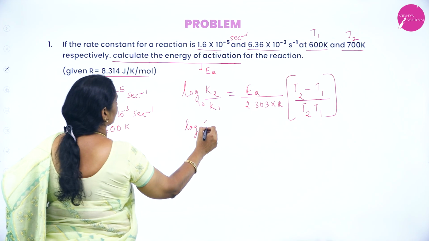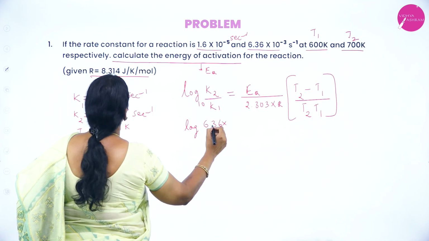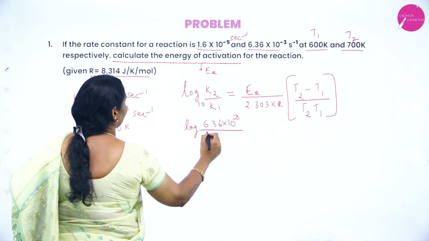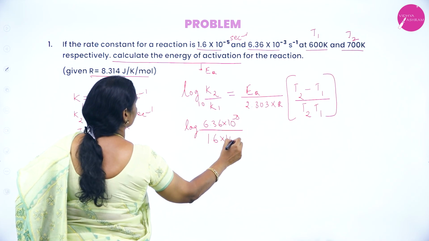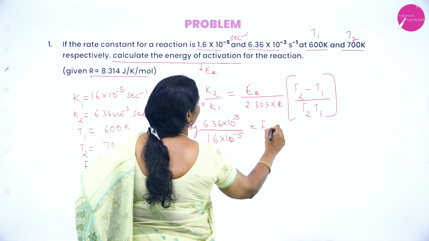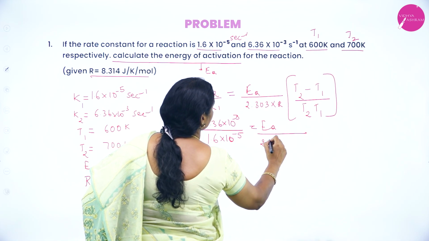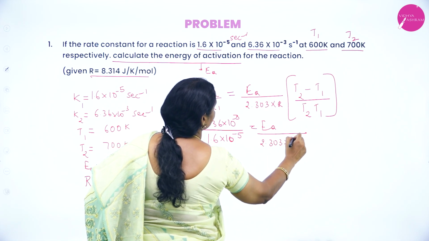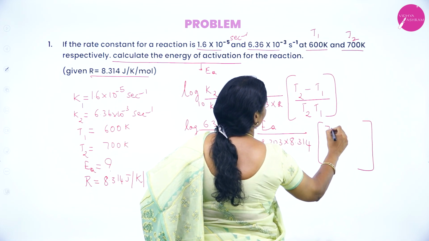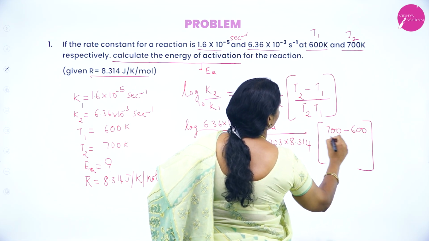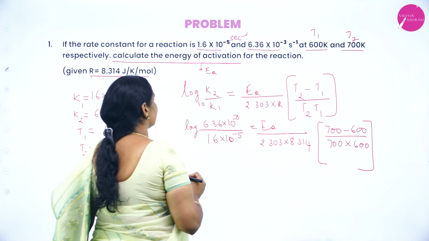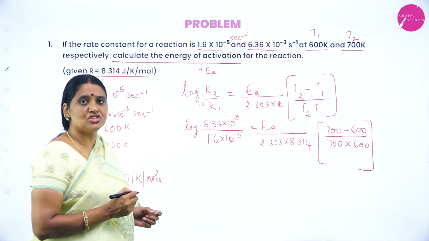What is the value of K2? 6.36 into 10 to the power of minus 3 divided by K1, which is 1.6 into 10 to the power of minus 5, is equal to EA, we have to calculate EA, EA by 2.303 into 8.314, into T2 minus T1, 700 minus 600, divided by 700 into 600.